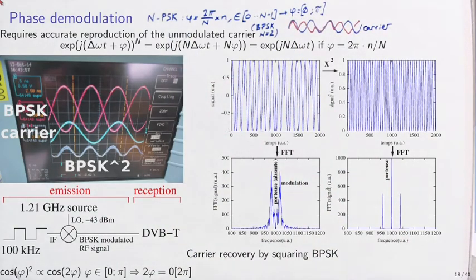So the trick to create this carrier is to square the signal, or in general take the Nth power of the signal. Consider exponential of j times delta omega t plus phi.